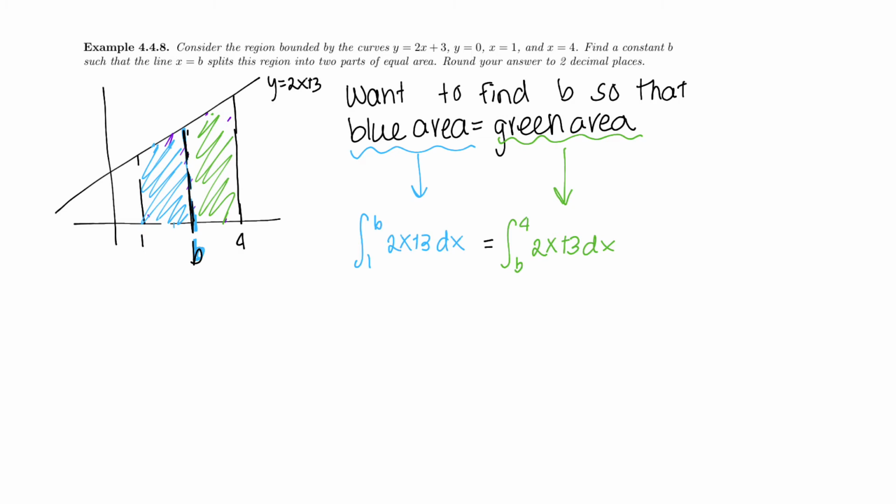So we can integrate both of these sides, right? So we have, this will be x squared plus 3x from 1 to b. On the other side, same thing, x squared plus 3x, but in this case from b to 4.